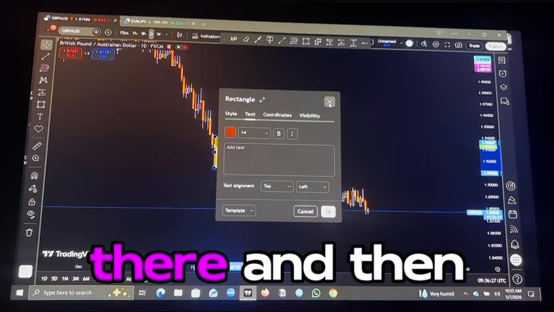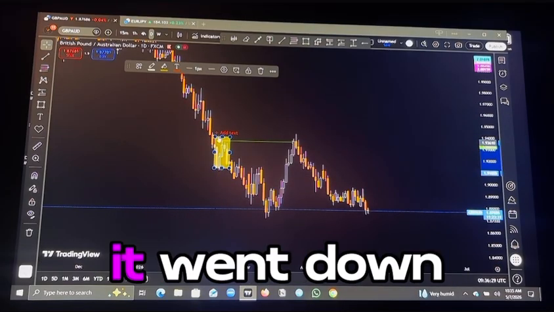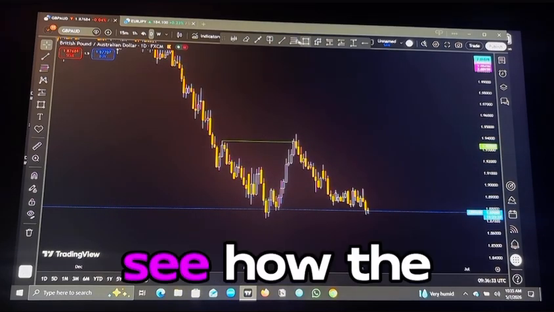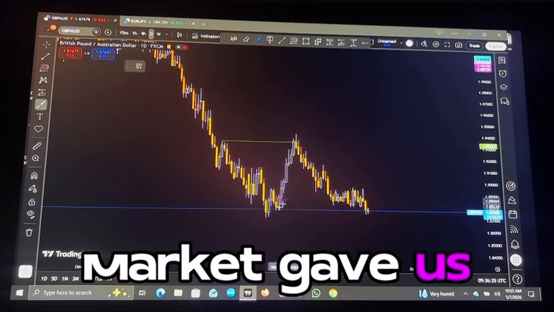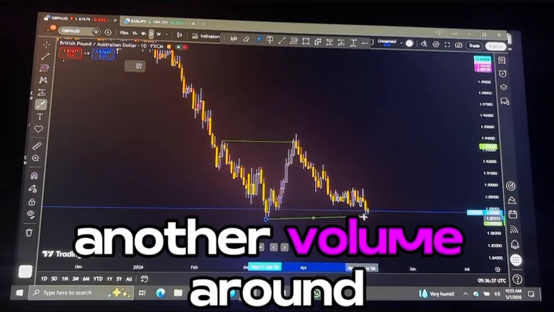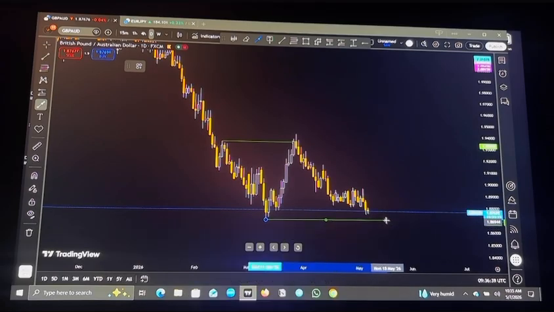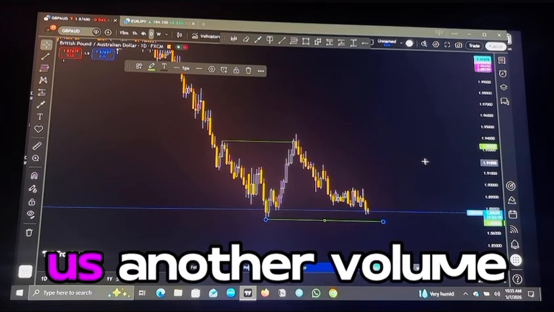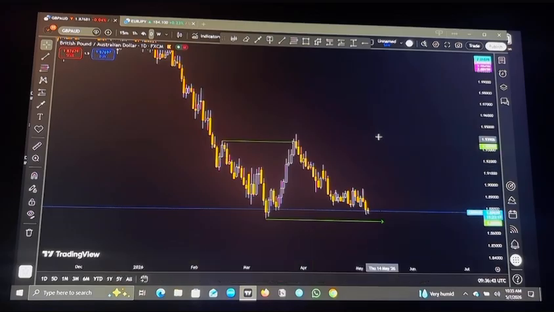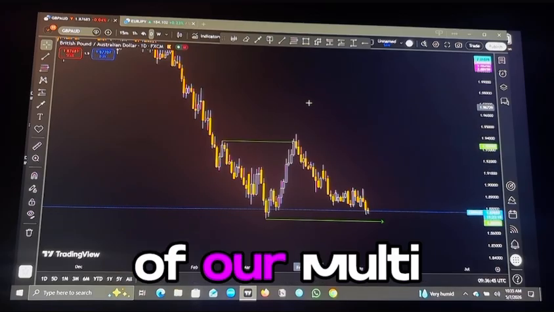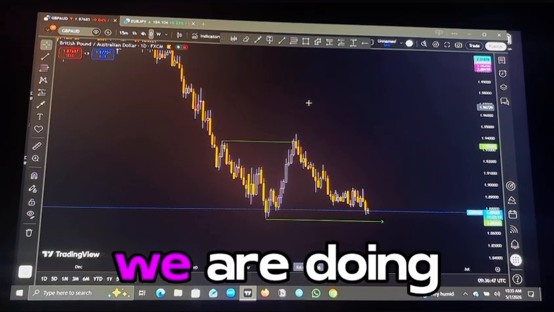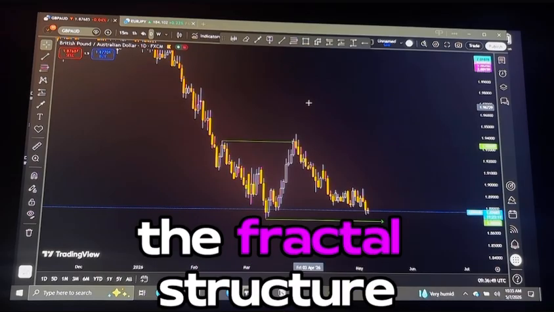The volume formed there, and then it went down to this side. See how the market gave us another volume around here, which is one of our multi-time frame analysis. We are doing it down to the fractal structure.